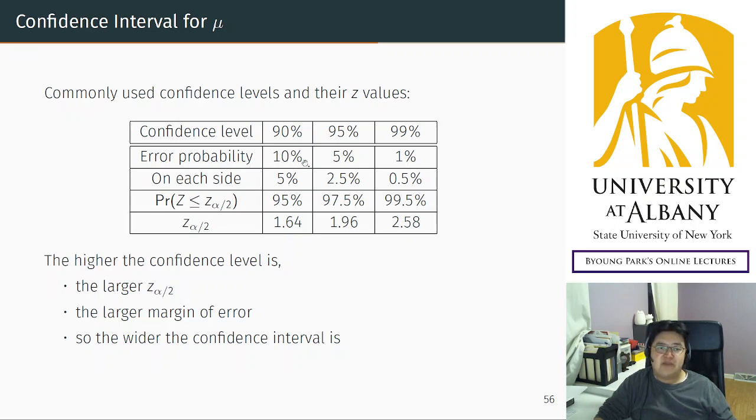The error may happen with 10%. If you don't like this much error probability, you can change to 95% or 99%. So the error can happen with 10%, so each side has 5%. Overestimation error will be 5%, underestimation error will also be 5%.